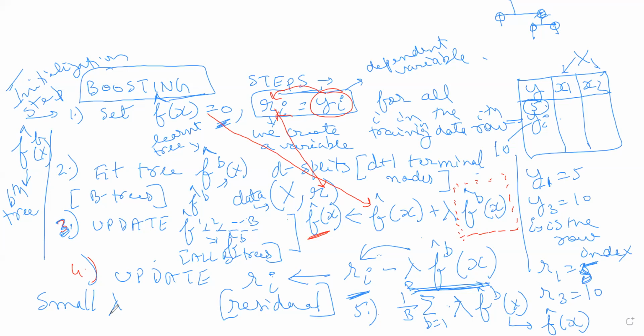Similarly, you're doing it B times, and you are taking an average of all of them, and giving a final prediction. So rather than using an equally weighted approach, you start from a prediction of 0 and take decision tree 1, lambda.